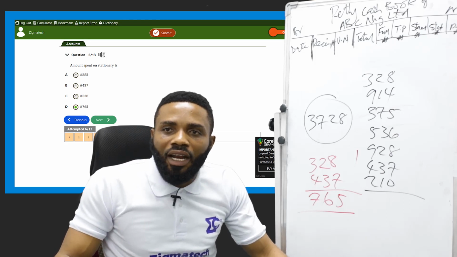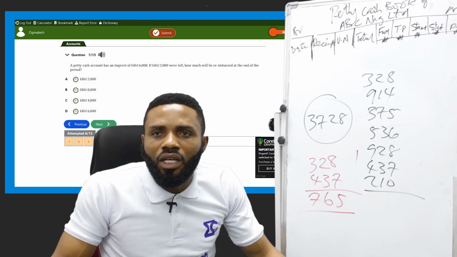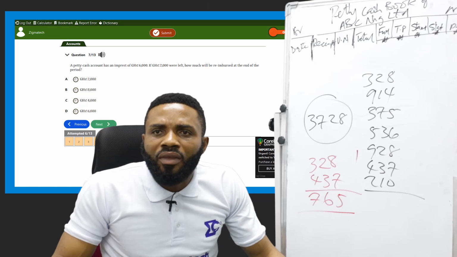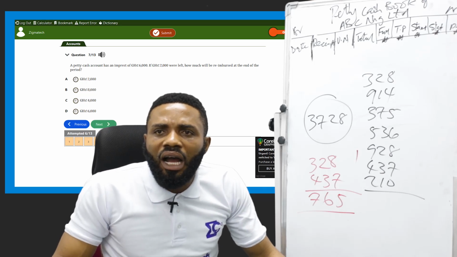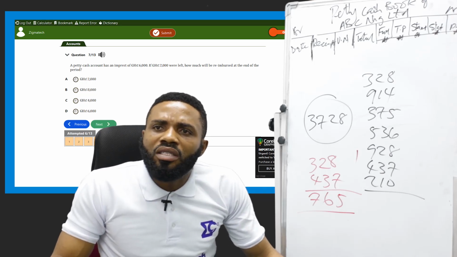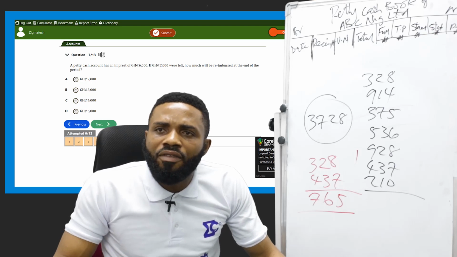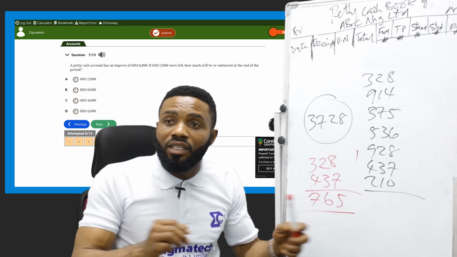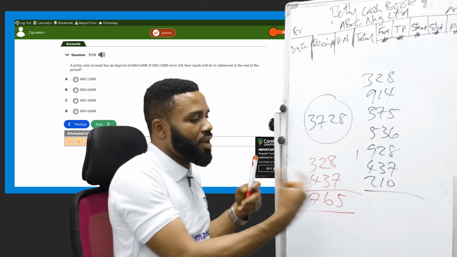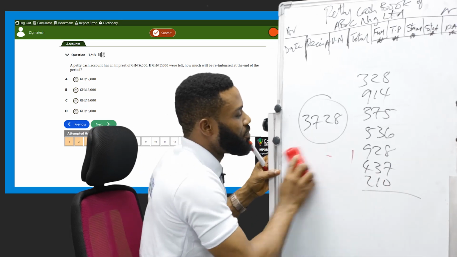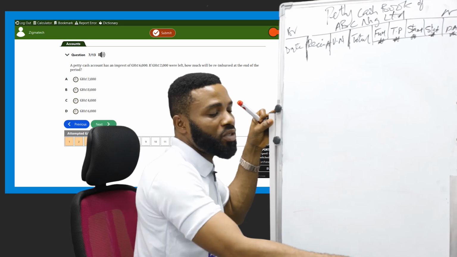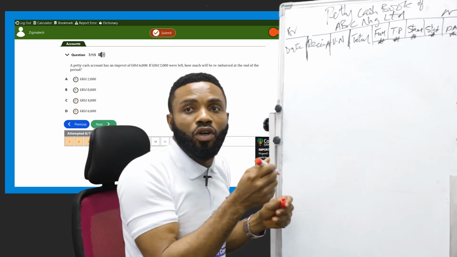And then let's take the very last question, question 7. A petty cash account has an imprest of 6,000 Ghana cedis. If 2,000 were left, how much will be reimbursed at the end of the period? Very simple. I have stated from the beginning that whenever you have questions like this, just subtract what is left from what you were given.